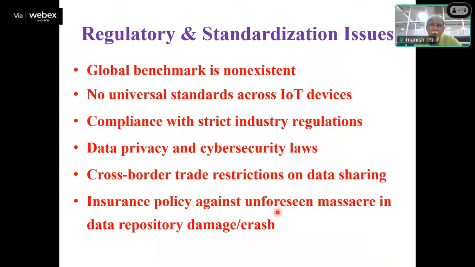The people who are facing these challenges in their day-to-day professional lives can understand what I mean by this. If the IoT devices do not have any universal standards, then the implementation of IoT technology will be difficult, an organizational difficulty, because a lot of ifs and buts will come into the picture.